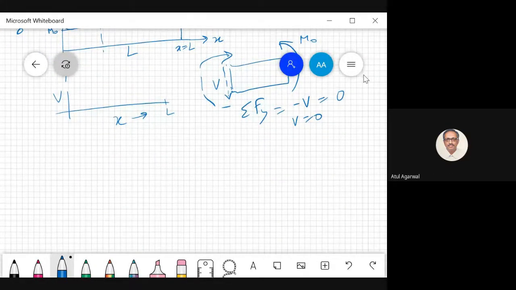Whatever theory of bending we are developing, we are developing for a case of pure bending situation. Now, what we do, we assume certain deformation. This is called an inverse way of solving a problem.